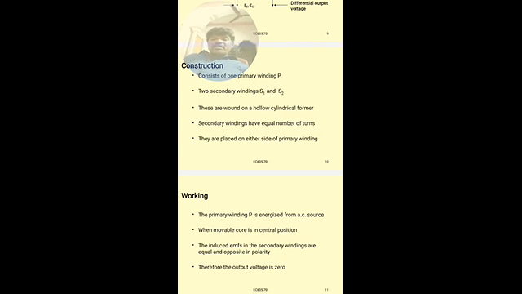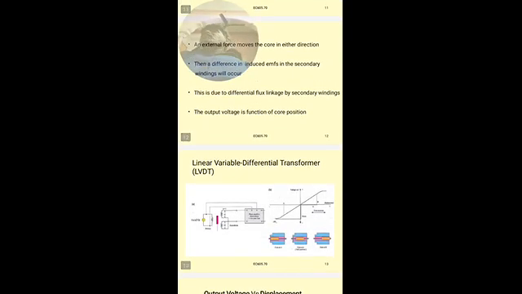The induced EMFs in the secondary windings are equal and opposite in polarity, so the output voltage is 0. An external force moves the core in either direction.